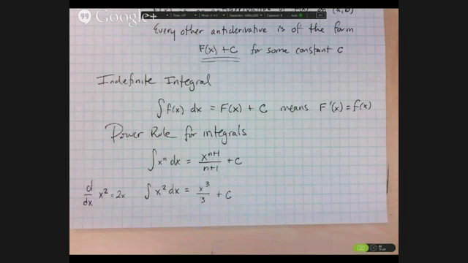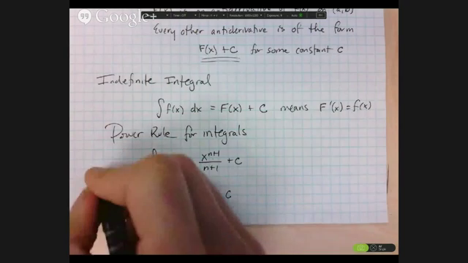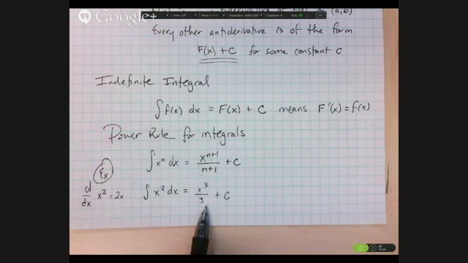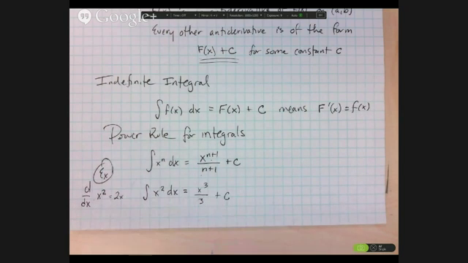So you can see how they complement each other. What if I took the derivative of x cubed over 3? It gives you x squared. You can go backwards.